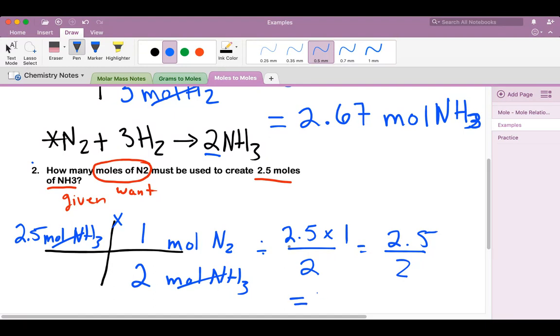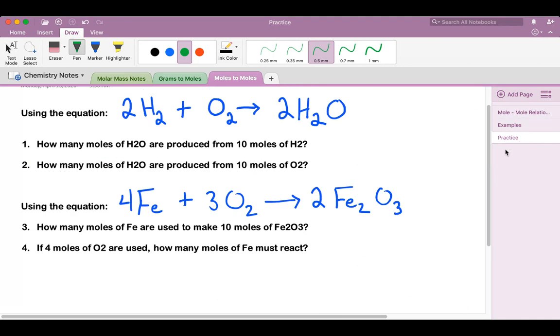So for this one, the answer is going to be 1.25 mole of N2. And that's it.